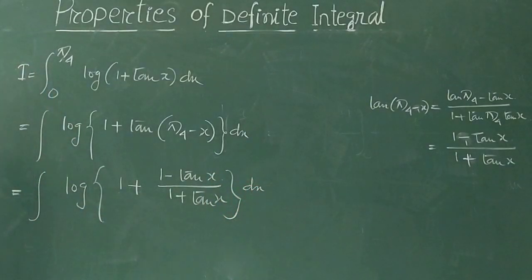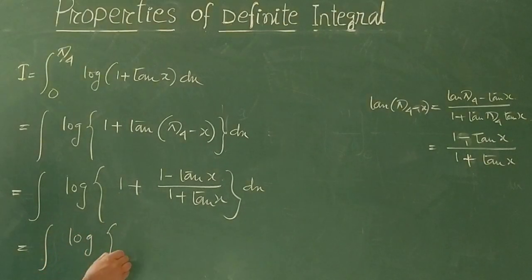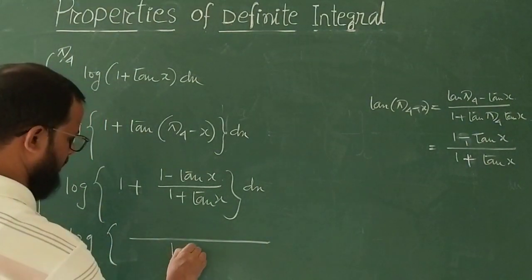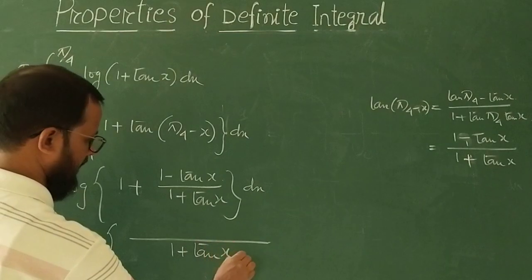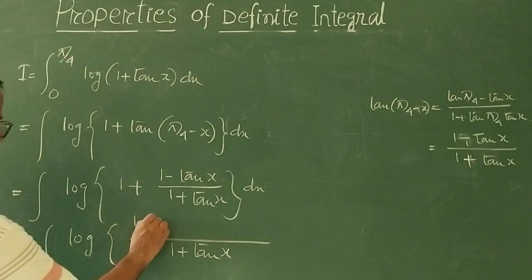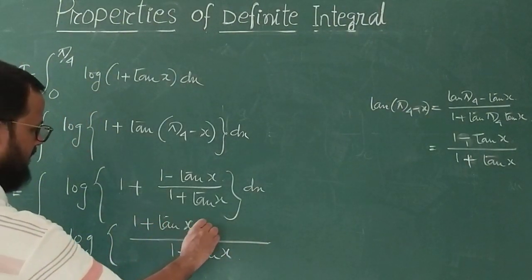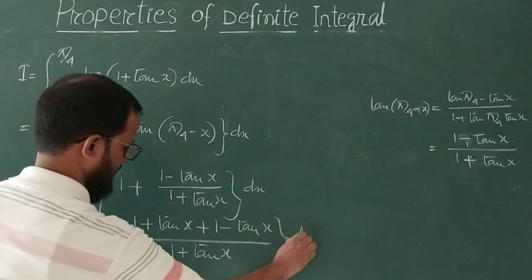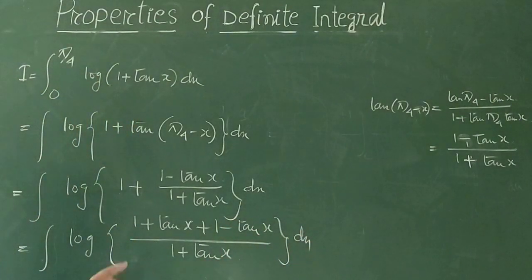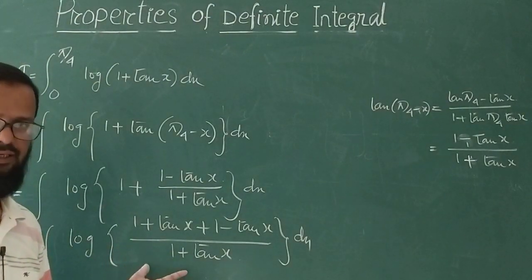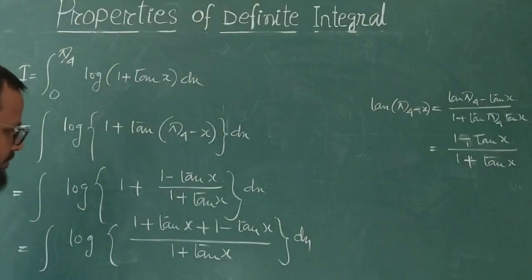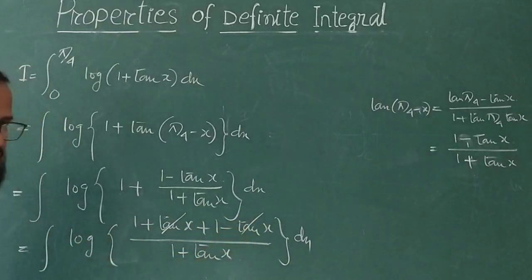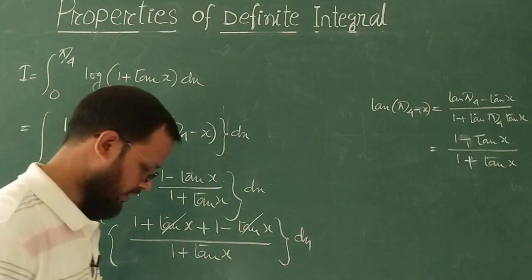Yes, and then your integral is what? Log. Take LCM. 1 plus tan x is the LCM, and after LCM you will get 1 plus tan x plus 1 minus tan x. ओके, ये एलसीएम लेने के बाद आपको ये रिजल्ट आएगी. ठीक है, इसके बाद आप ये tan x क्या होगा? कैंसिल हो जाएगी. So what will be your integral?